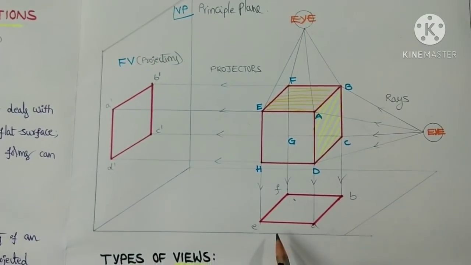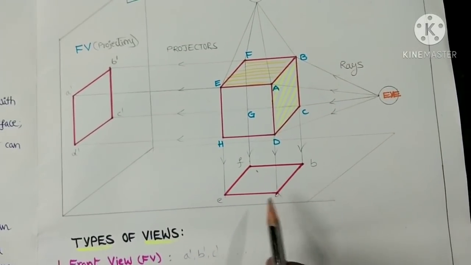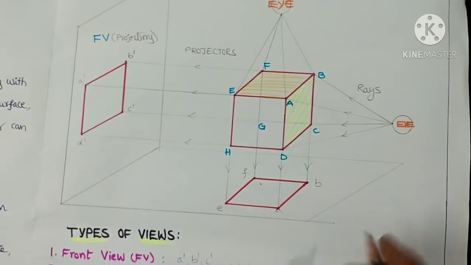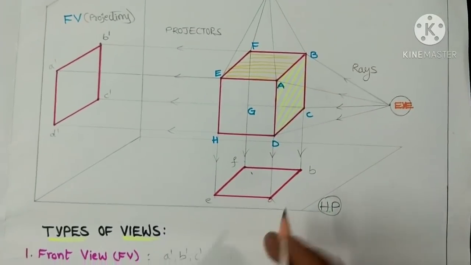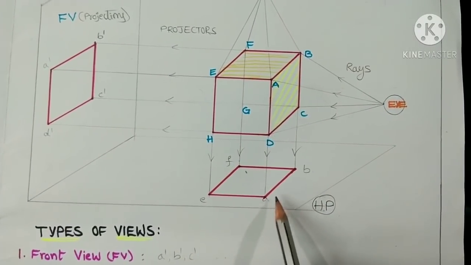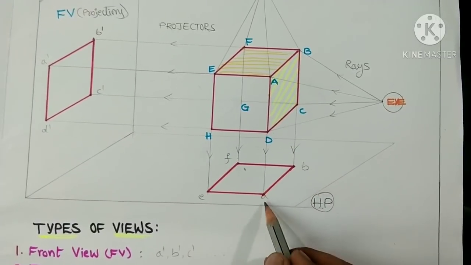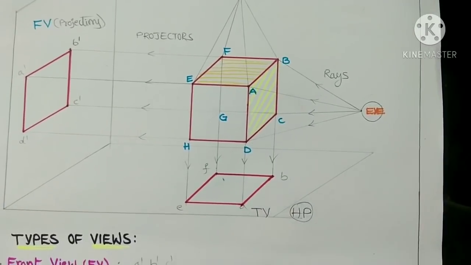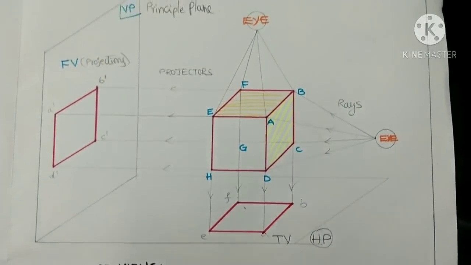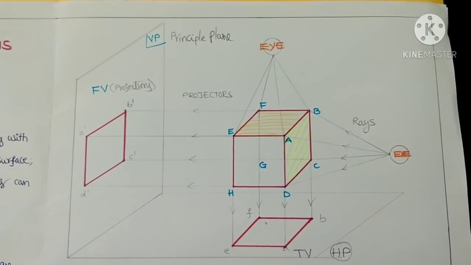And coming to the top view, this plane surface is called horizontal plane, denoted in shortcut as HP. Similarly, always on the horizontal plane we will be getting the top view. This projection is called top view.